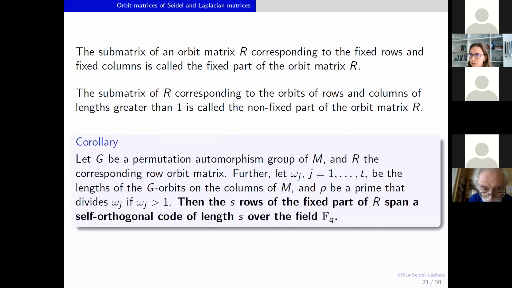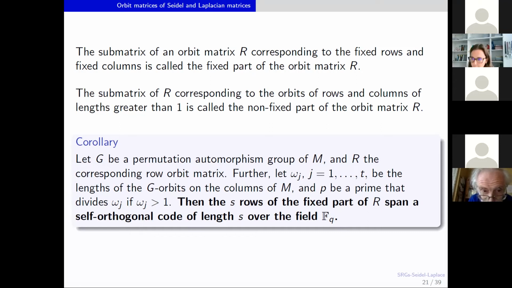The submatrix of an orbit matrix that corresponds to the fixed rows and the fixed columns is called the fixed part of the orbit matrix R. And the submatrix of the orbit matrix that corresponds to the orbits of rows and columns of lengths greater than 1 is called the non-fixed part.